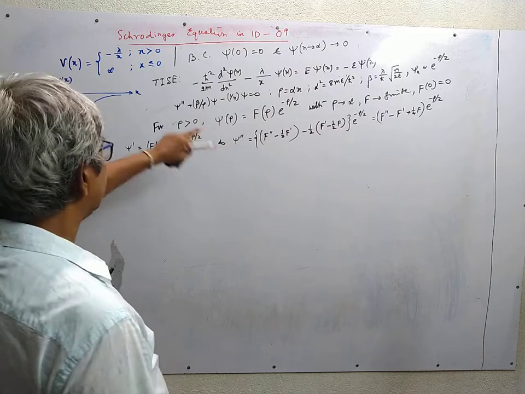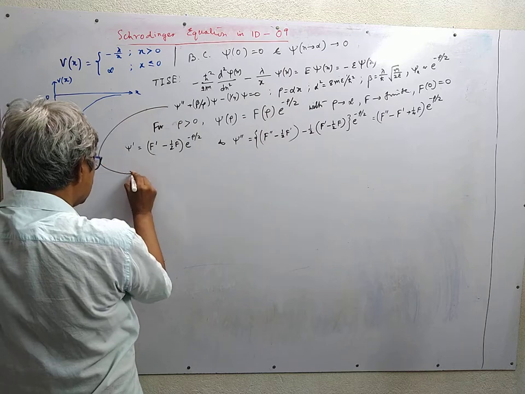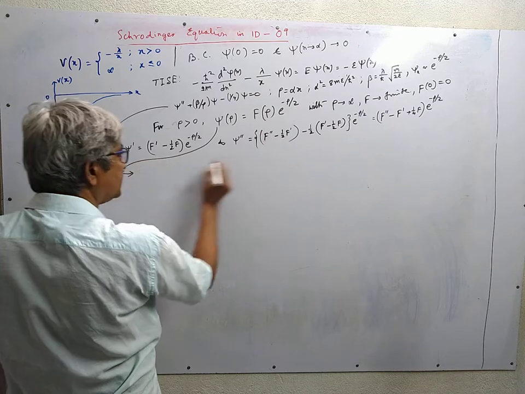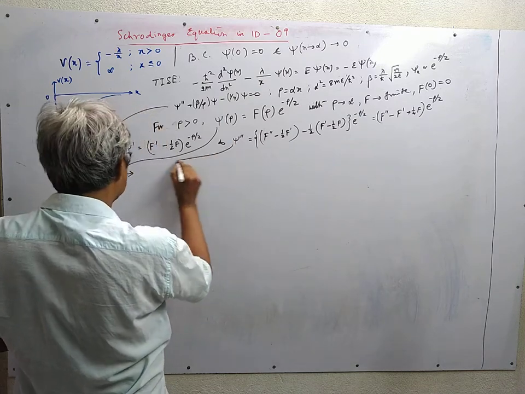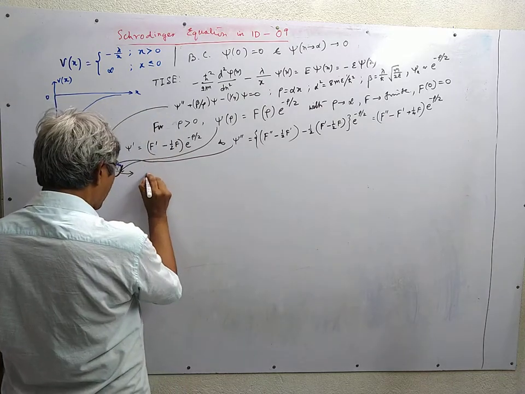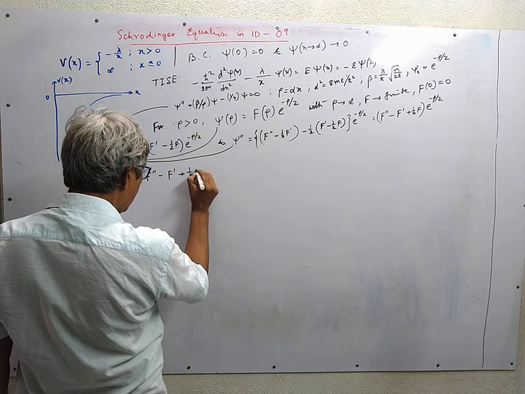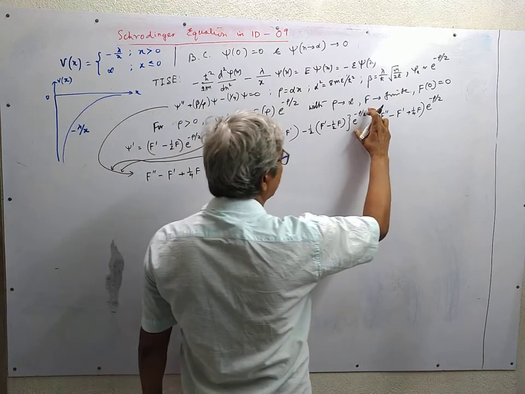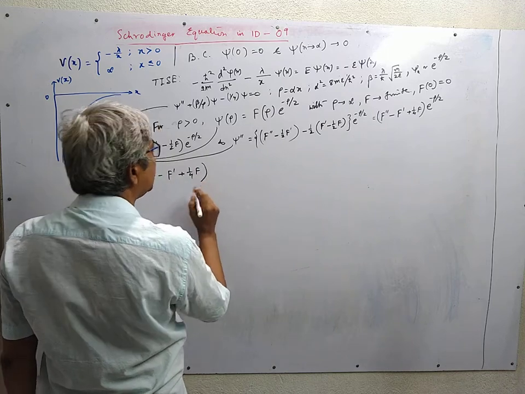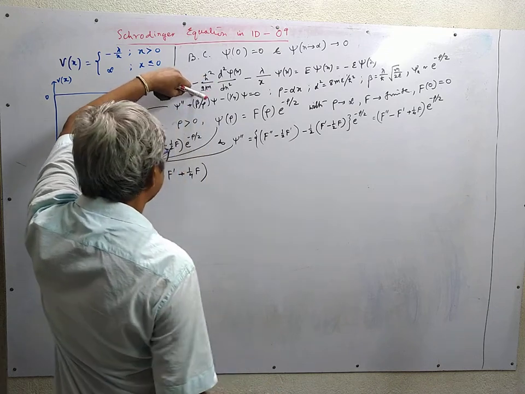If we substitute this into the equation, what will we find? For psi double prime, the e to the power minus rho by 2 part is common to everyone, so we discard this. Then we will have this part, beta by rho.